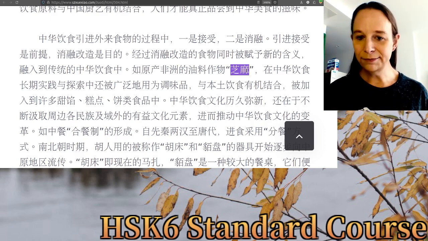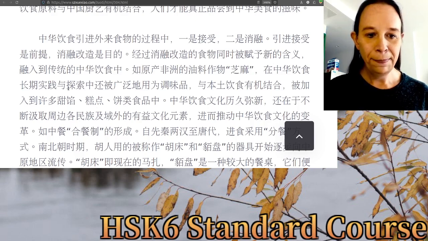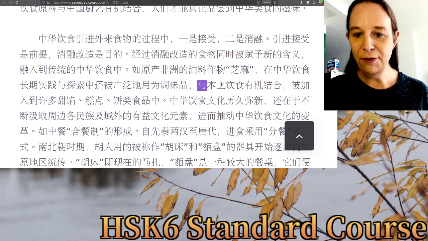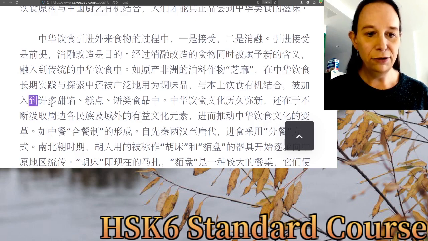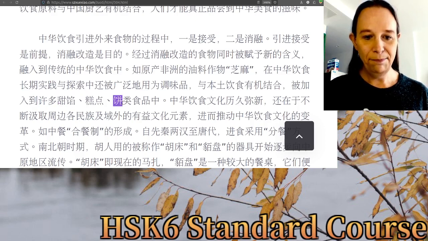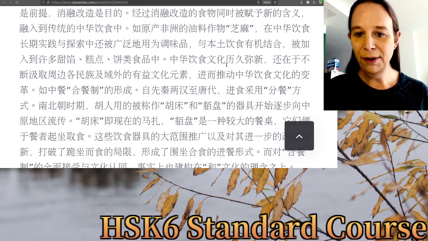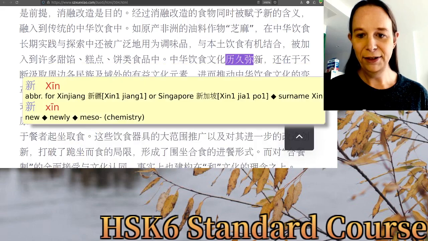I did not know that. 在中华饮食长期实践与探索中，还被广泛的用为调味品，与本地饮食有机结合，被加入到许多甜馅、糕点、饼类食品中。中华饮食文化历久弥新。历久弥新 This is a 成语 is it?